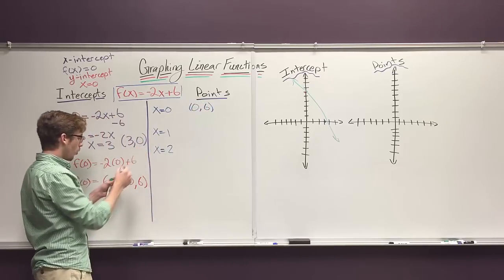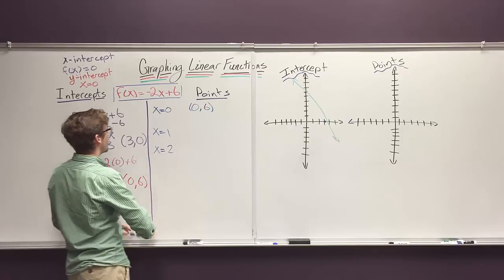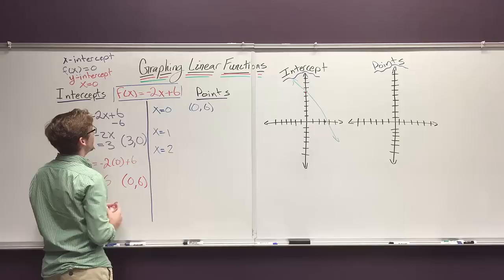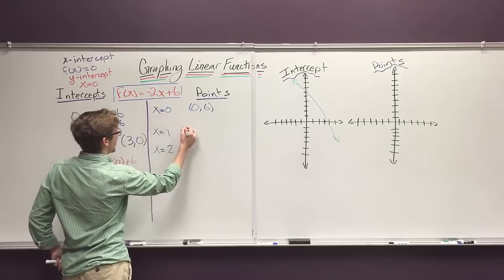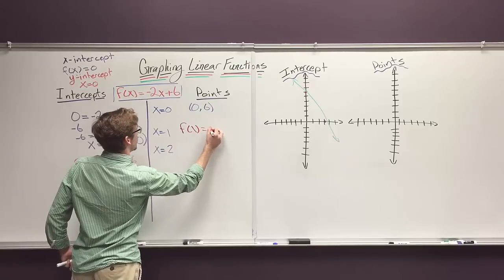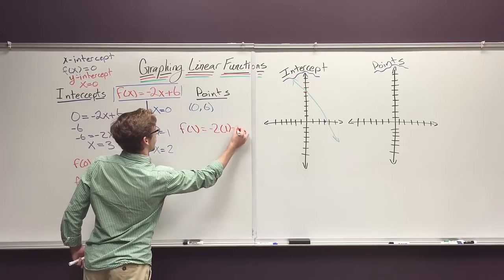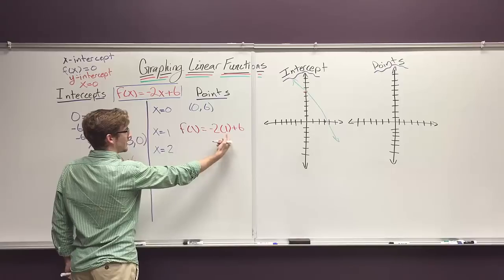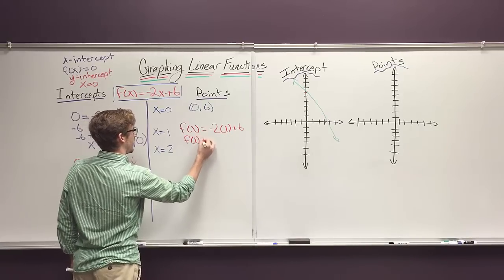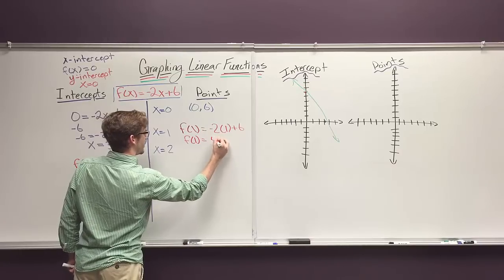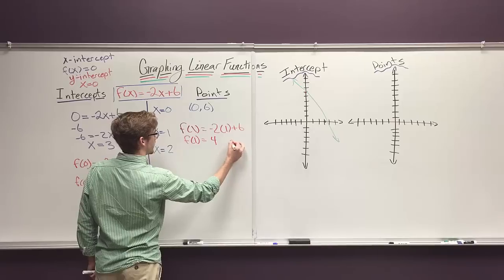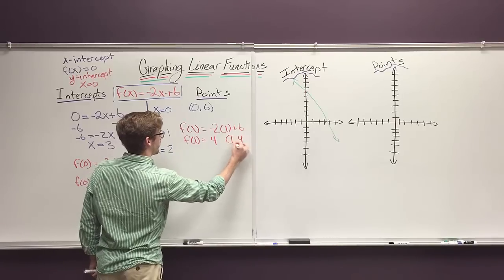But if we plug 1 in, what do we get? If we plug 1 into this equation here, actually I want to use red. So f of 1 is equal to negative 2 times 1 plus 6. Well, that's negative 2 plus 6, which is 4. So our ordered pair here is (1, 4).